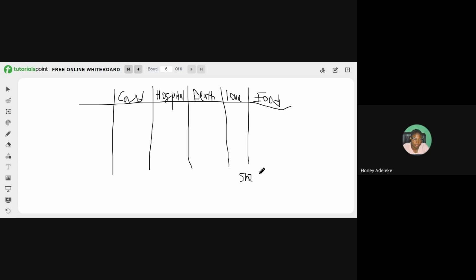Okay, that's quite long, but I hope we will be able to remember that sentence because we are going to be using it. So the first sentence is, she loves food. Then the other one is, she discovered she has COVID, went to the hospital and died there. So to be on the safe side, let's use died.